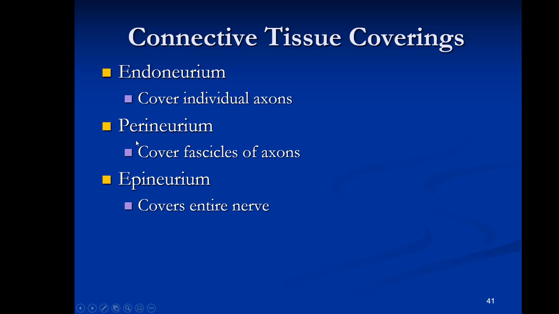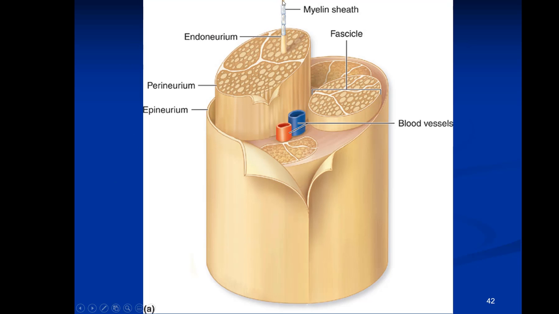And the connective tissue surrounding a fascicle is called the perineurium. And then around the entire nerve, we have the epineurium. So very similar setup to muscle, just the terminology is different. So picture, here's an axon with the myelin sheath, endoneurium. This is a fascicle, so it's going to be surrounded by perineurium. And then the entire nerve is surrounded by epineurium.